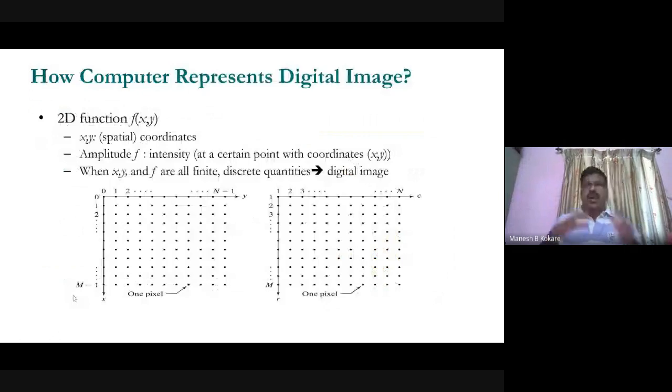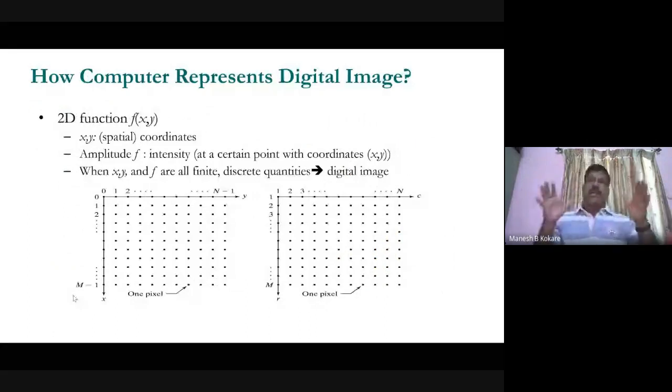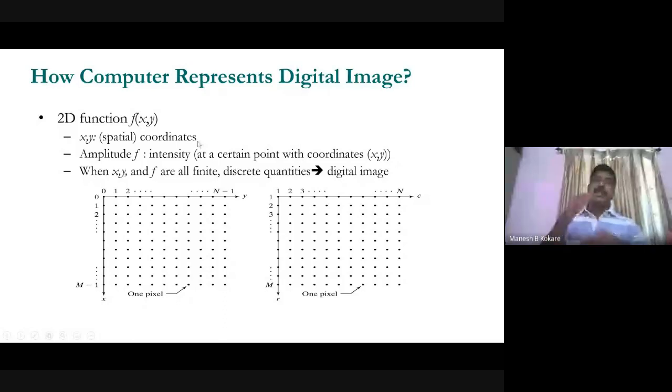Now, how does the computer represent the image in memory or for processing? I told you that an image is a two-dimensional function, and two-dimensional is nothing but a matrix. So an image is represented as a matrix in the computer memory. Here x and y are the spatial coordinates, and at the junction of x and y values there is an intensity which is reflected from the object and recorded at that location.